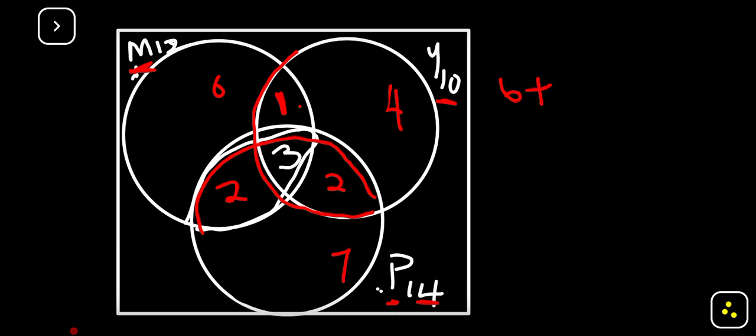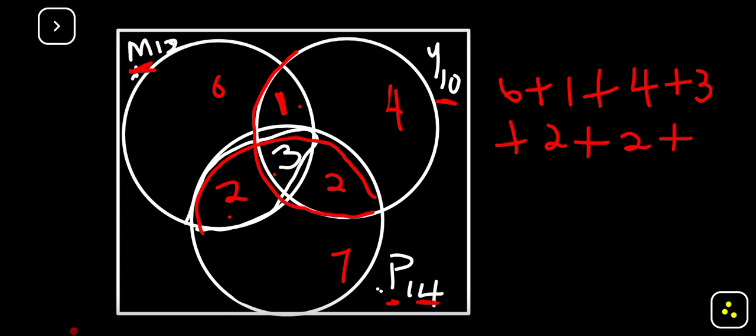Let's take it that way. Plus 1 plus 4. Let's go down to plus 3, which is the intersection for all of them. Then plus 2 here. Then plus another 2, and then plus 7. Now everything is going to sum up to what? 6 plus 1 is 7, plus 4 is 11, plus 3 is 14, plus 2 is 16, plus 2 is 18, plus 7 is 25. So 25 women are in the market selling.